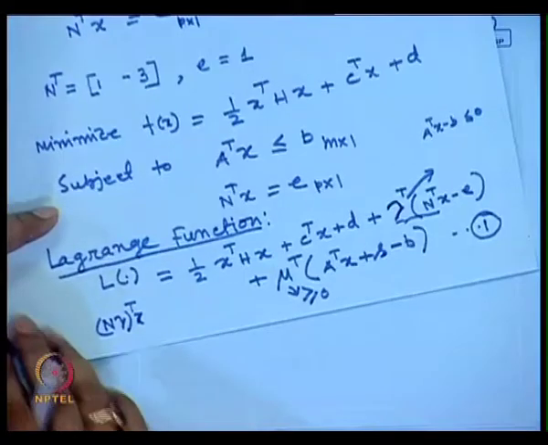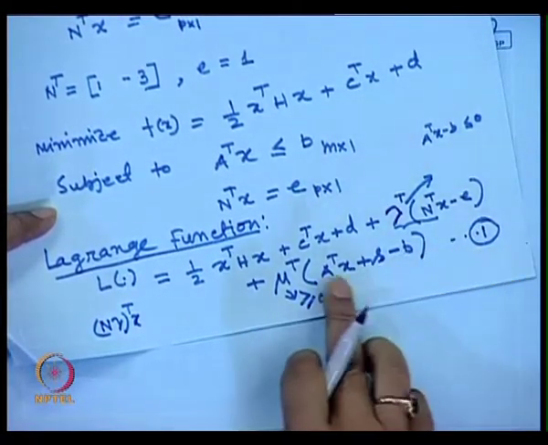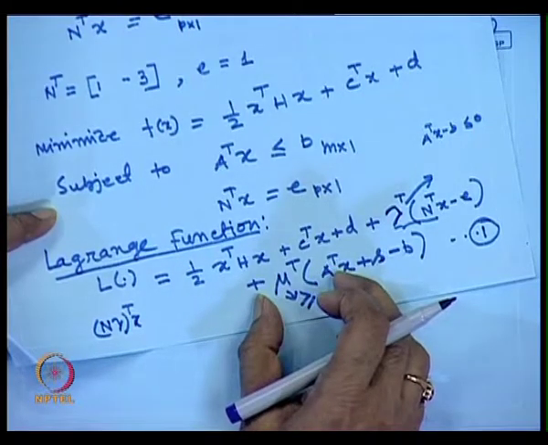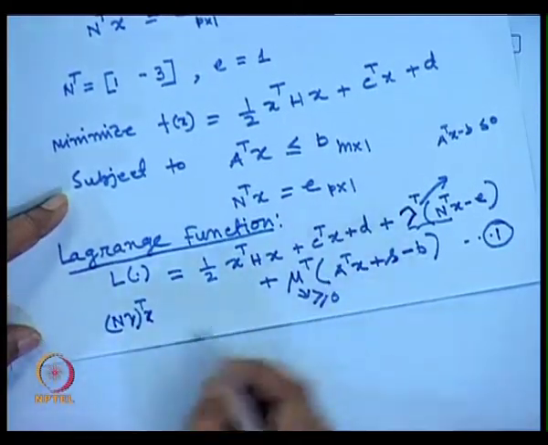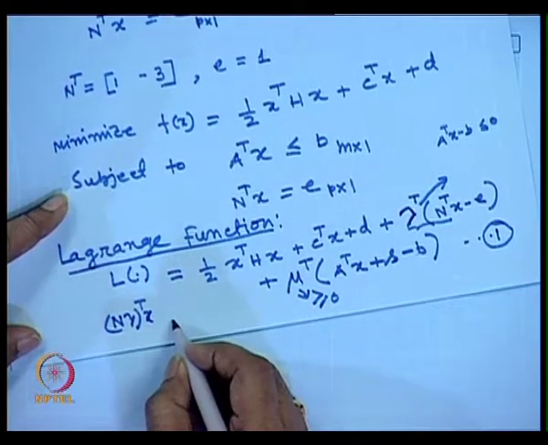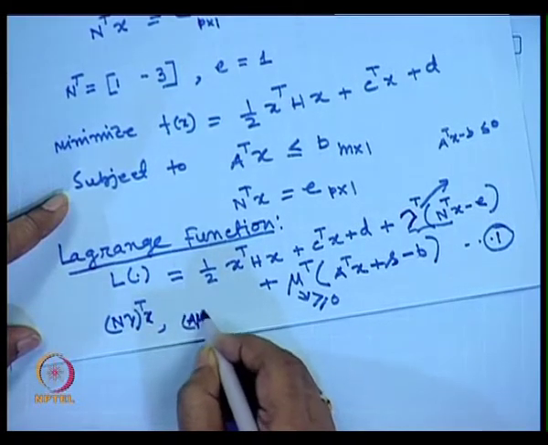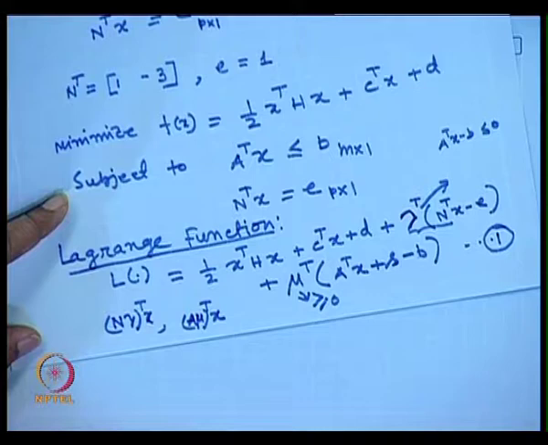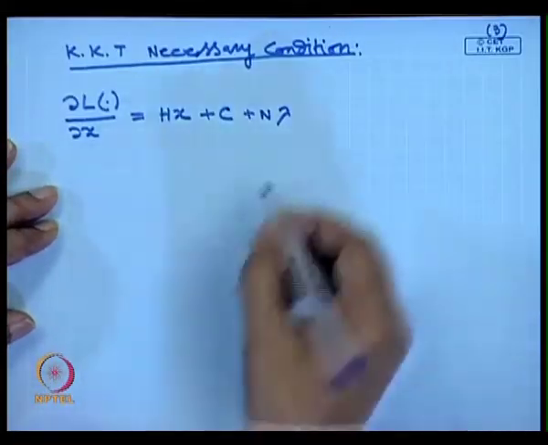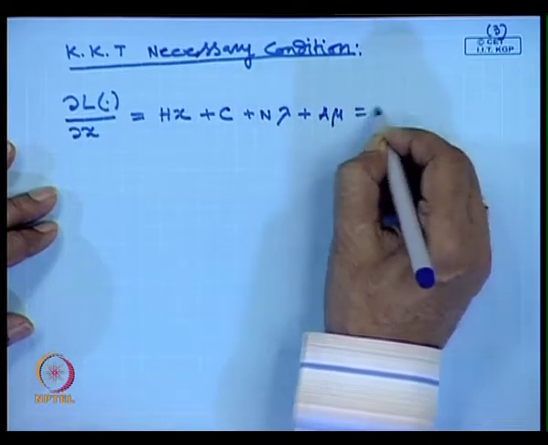Similarly, the x term is involved in the third term, but there is no s term. Mu transpose A transpose x can be written equivalently as A mu whole transpose x. Differentiating with respect to x, you will get A mu, and the whole thing is equal to 0.